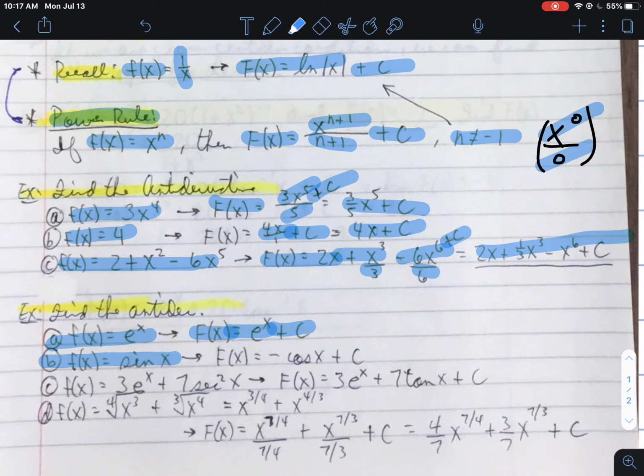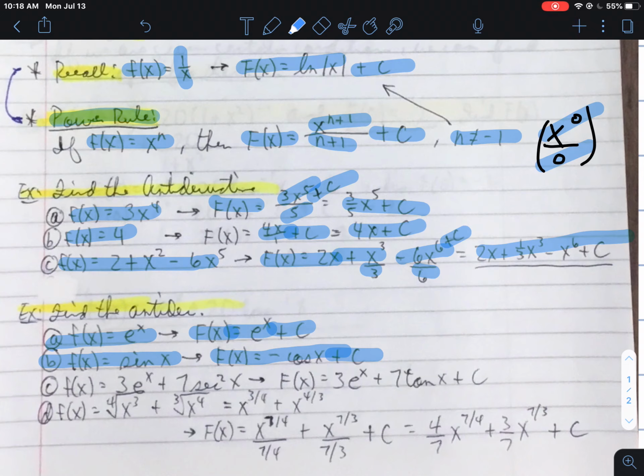So if I'm looking for the antiderivative of sine, I know that the antiderivative of sine has to be a version of cosine, because the derivative of cosine is negative sine. So when I find the antiderivative, I have to take that negative into consideration, and the antiderivative of sine would be negative cosine plus c.